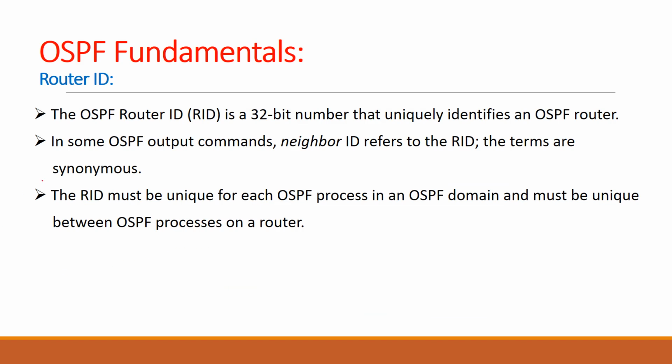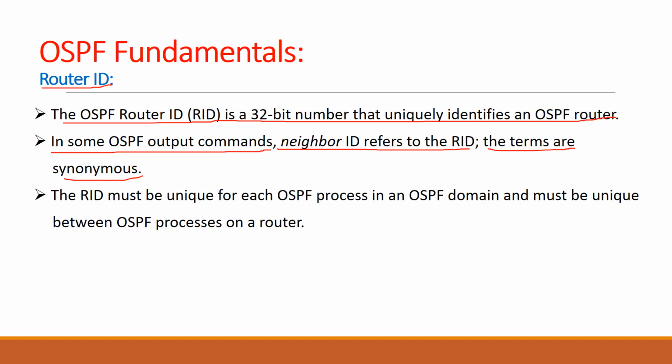Let's discuss the first field, which is the router ID. The OSPF router ID, or RID, is a 32-bit number that uniquely identifies an OSPF router. In some OSPF output commands, the neighbor ID refers to the RID. The terms are synonymous.